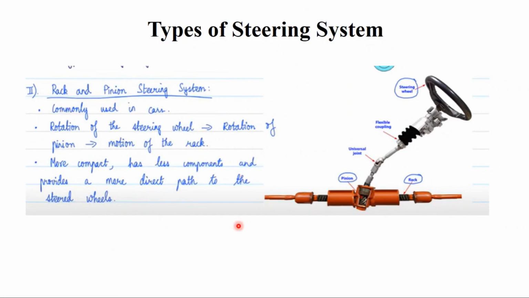And this rack and pinion steering system is very compact and has fewer components. It provides a direct path to the steering wheel. Here, the rotary motion of the pinion is converted to the linear motion of the rack with this mechanism.